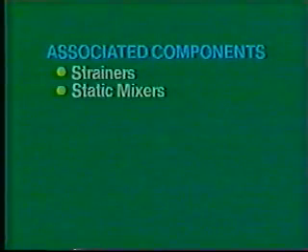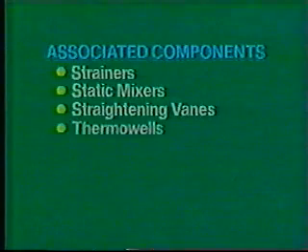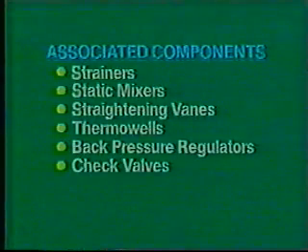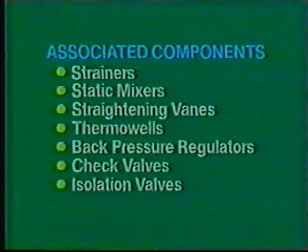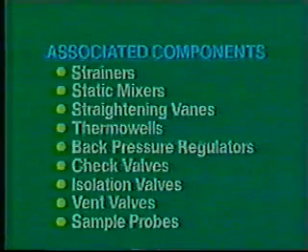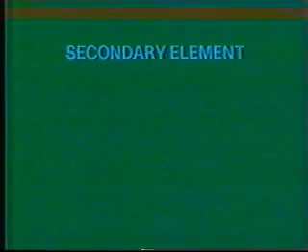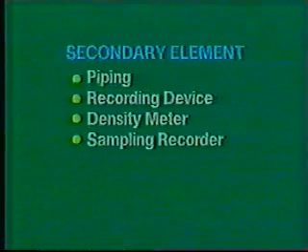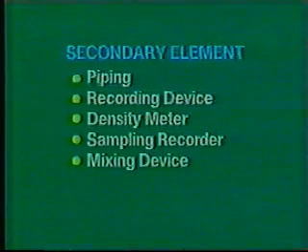Associated components may include strainers, static mixers, straightening vanes, thermal wells, back pressure regulators, check valves, isolation valves, vent valves, and sample probes. The secondary element includes piping, recording device, density meter, sampling recorder, and mixing device.